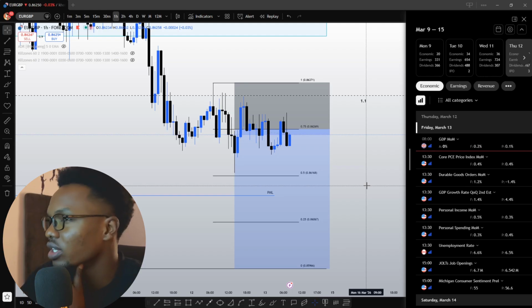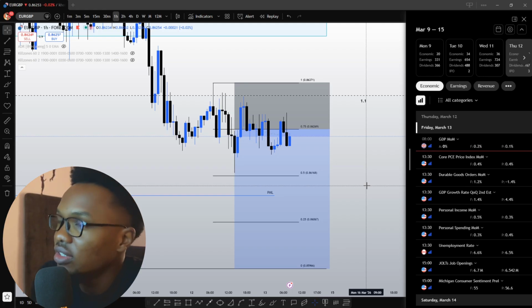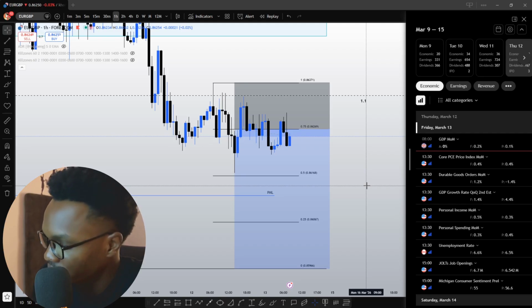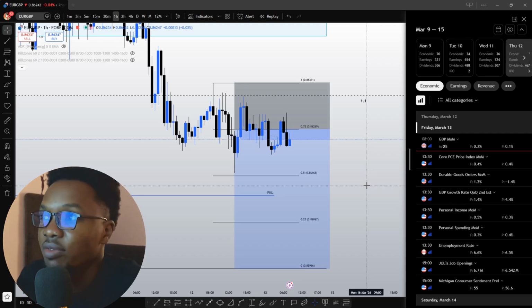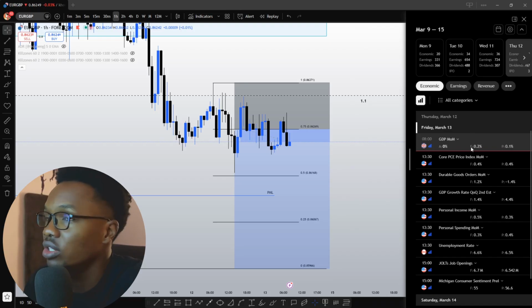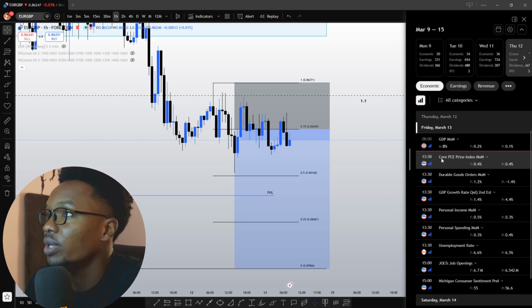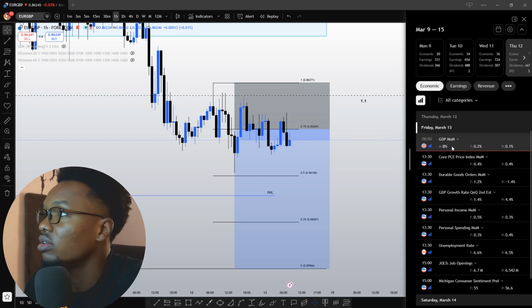The news came out negative for the pound. The expected was 0.2% growth for the pound last month, and the actual that came out was 0%.